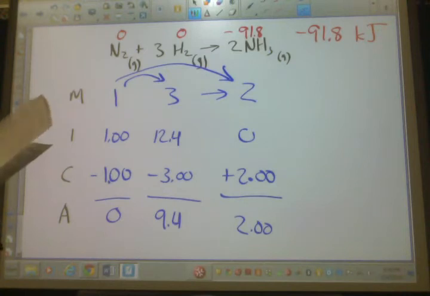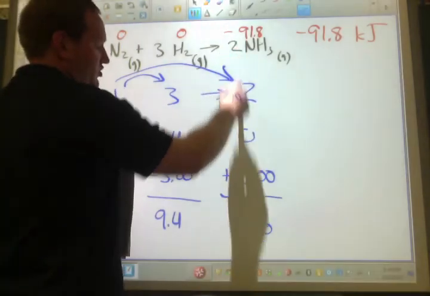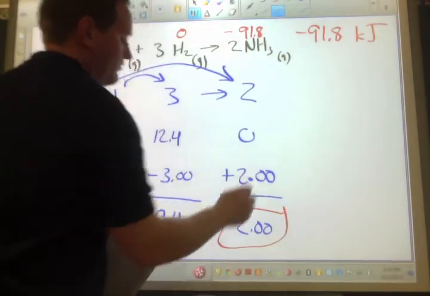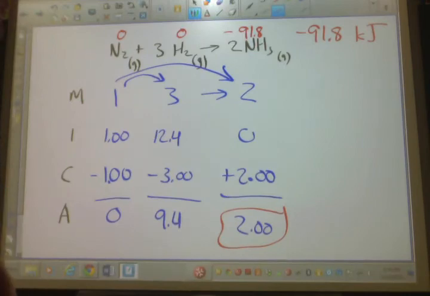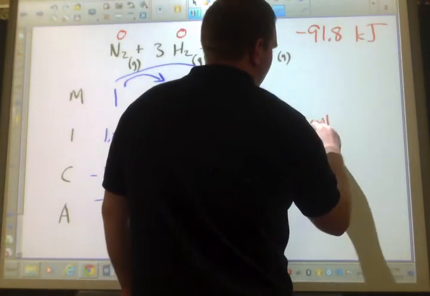How much energy produced? Well, okay, so what we need to do is we can honestly just pick any of these 3. I think the best thing to do is pick how much of the product we have. So we end up with 2 moles of product. 2 moles of NH3. Let's set up our equation. 2.00 moles of NH3.